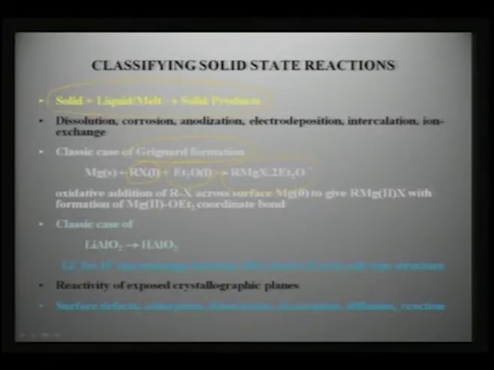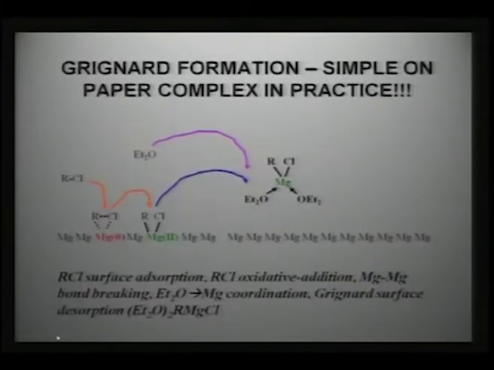Another classic example of solid liquid melt is hydrogen incorporation in lithium aluminum oxide, where lithium ion for hydrogen ion exchange between AlO2 layers is achieved, and this is also a very sensitive reaction, basically controlled by surface defects, adsorption, dissociation and other diffusion mechanisms.